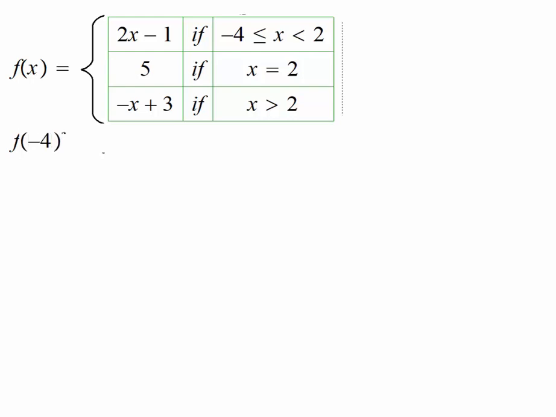So starting at -4, if we compute the value at -4, what we get is 2 times -4 minus 1, that will be -8 minus 1, that is -9. And then let's see what the value is at x equals 1. At x equals 1, the value would be 2 times 1 minus 1, that is 1.